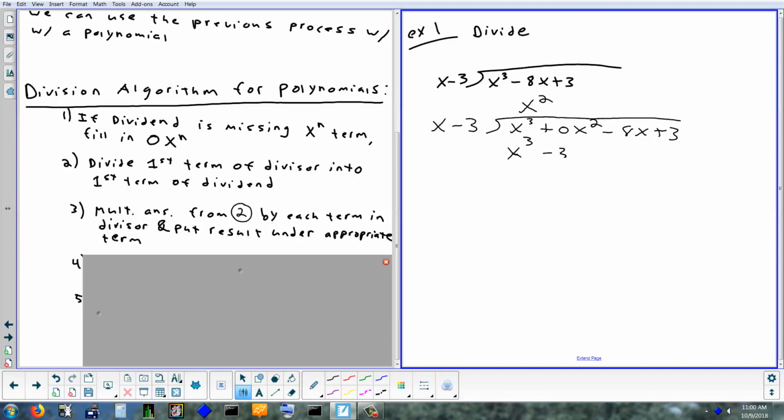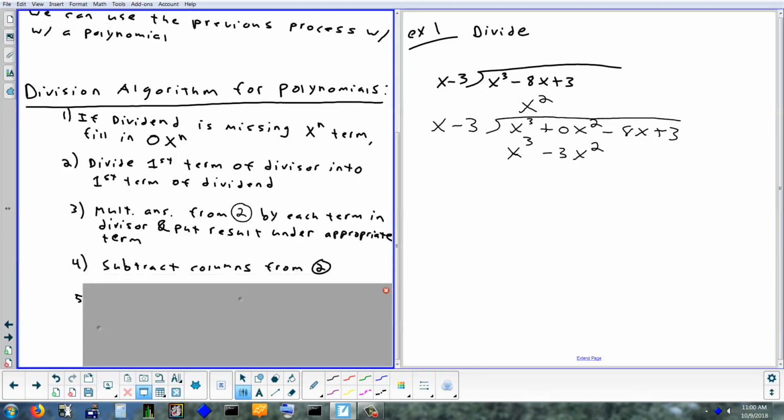So negative 3x squared. Okay, so that's step 3. Now, at this point in long division, what do you normally do next? So we did the divide part, the multiply part. What's the next step in long division usually? Yep. Subtract. We're going to subtract. So now we're going to subtract the columns that we just created, and that's in step 3.